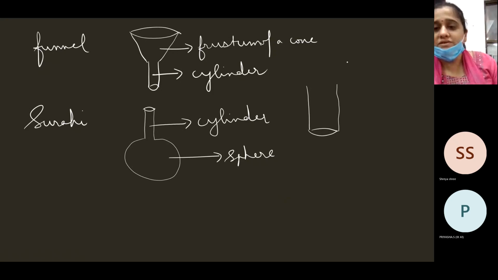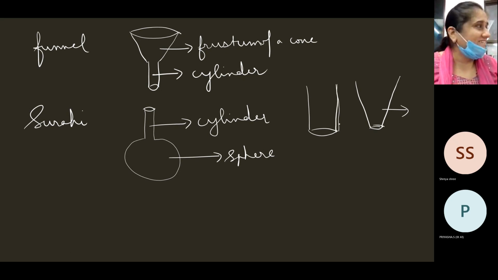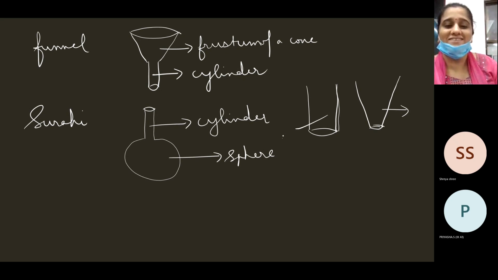If the tumbler is like this. Okay, I don't mind my drawing like this. A tea glass, a tea shop glass, would be somewhat like this, which is a frustum of a cone. This is a tall glass, which is a cylinder.